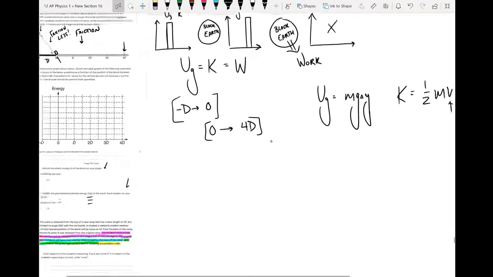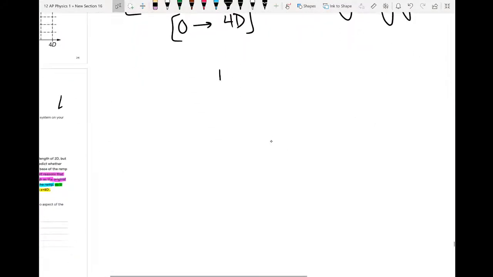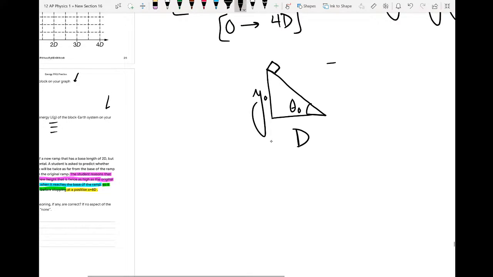Let's try it out. I'm going to redraw this triangle down here. Throughout this distance d, I have this angle of theta naught, and my block is changing some height, which I'm going to call y naught. So my block is undergoing a height change from y naught to a height of 0.